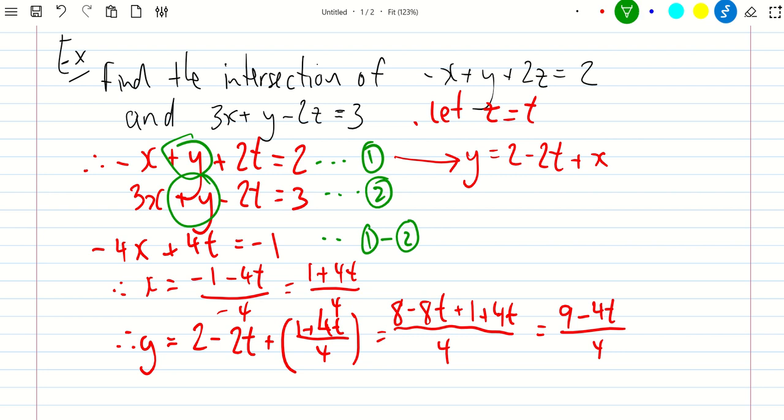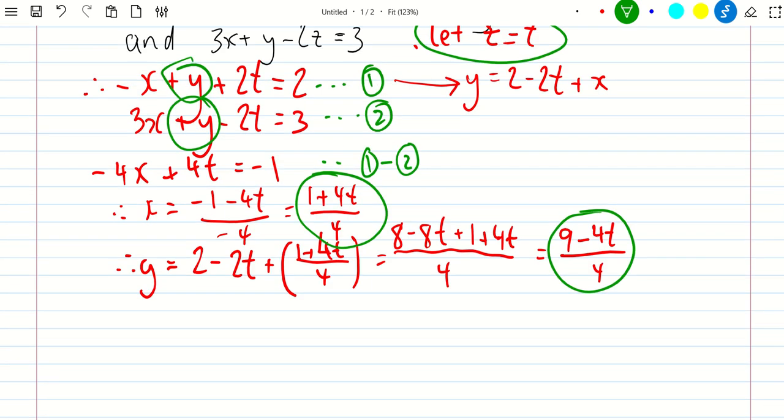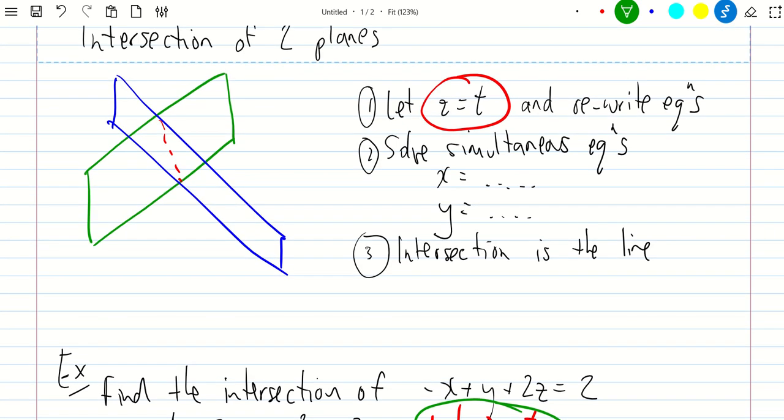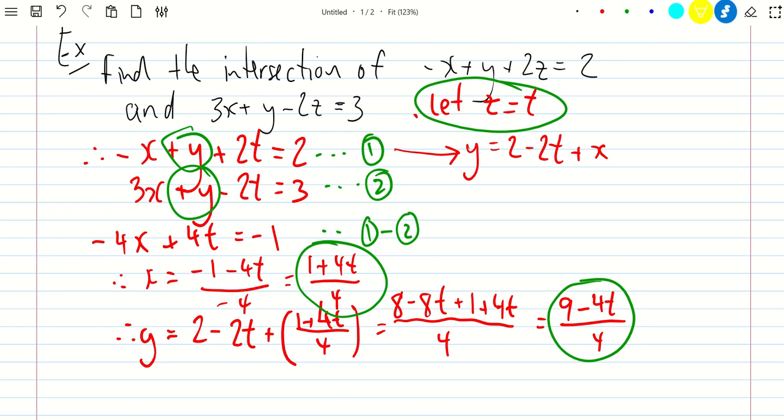So we have our x, we have our y, and we have our z. And so therefore we have this parametric equation, and that's our equation of a straight line. Remember we've got those three, and that's all we need. The intersection is purely the line that's defined by those.